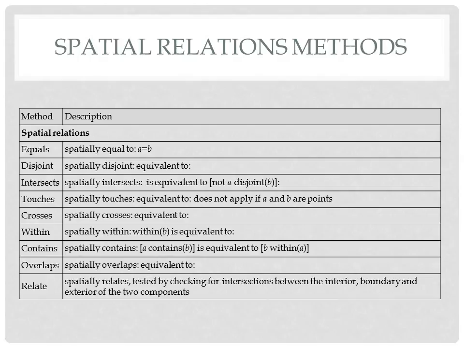So the point is to look at issues of equality; disjoint, which would mean where something is not connected; intersects, where something connects; touches, where two objects or features touch; cross, such as two lines crossing; within, so something is within something else; contains, where something contains something else; or overlap. And then a relationship spatially relates, tested by checking for intersections between the interior, boundary, and exterior of two components.